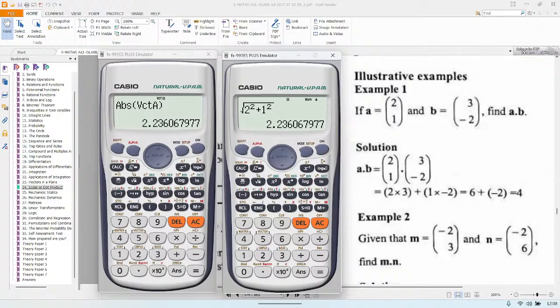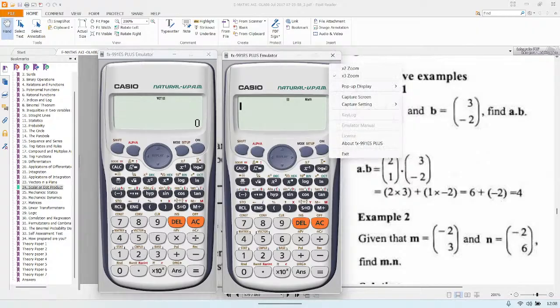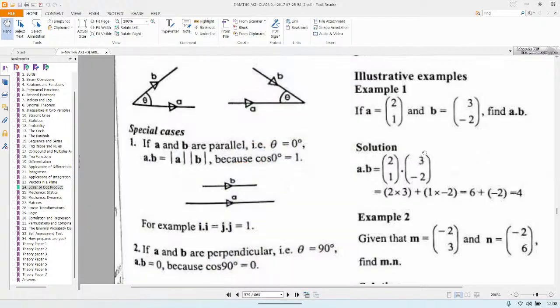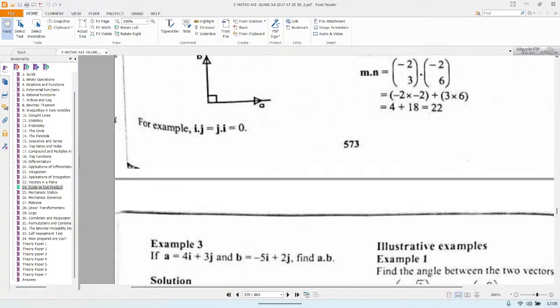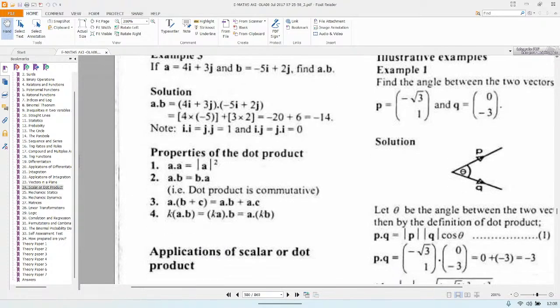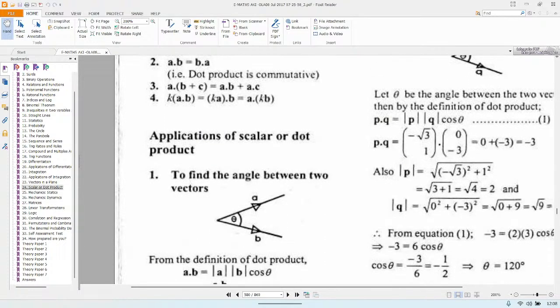Very good. So whenever you want to find dot products with vectors or vector addition, dot product is very simple.